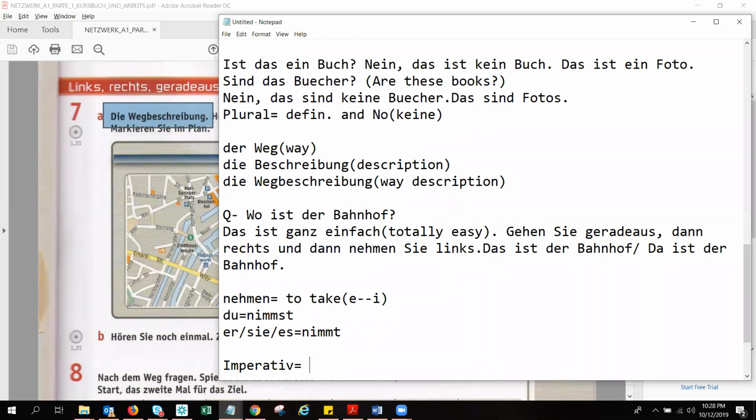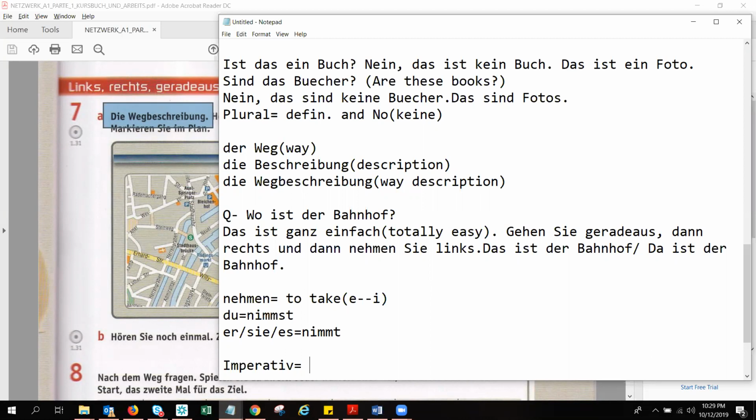As in English we say, go there. We don't use a subject in that. It's a command. If you're commanding, ordering, or suggesting something, this type of sentence is called imperative.